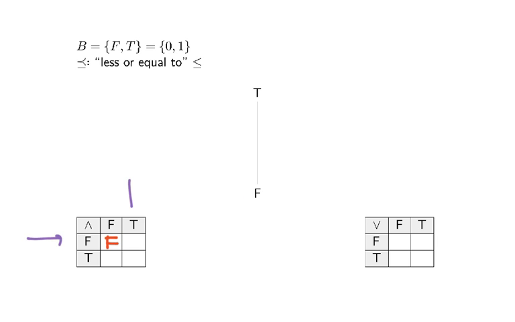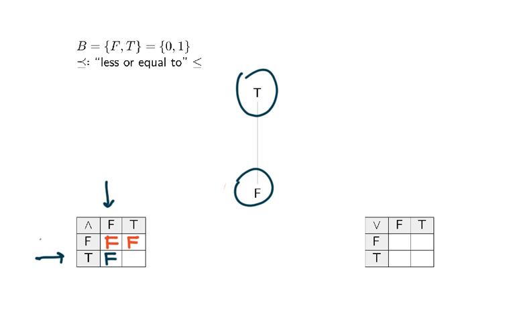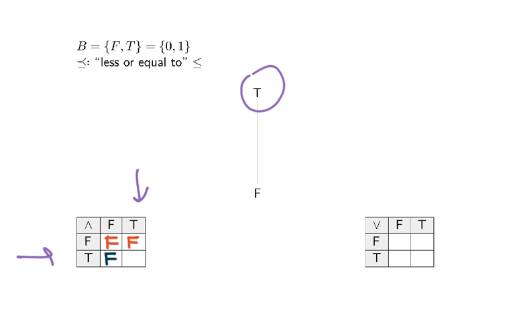Now between f and t, the greatest lower bound is f. So we write f. Now between t and f, the same thing, right? Remember it's going to be symmetric, so it's going to be f too. And finally, between t and t, the greatest lower bound is just t.